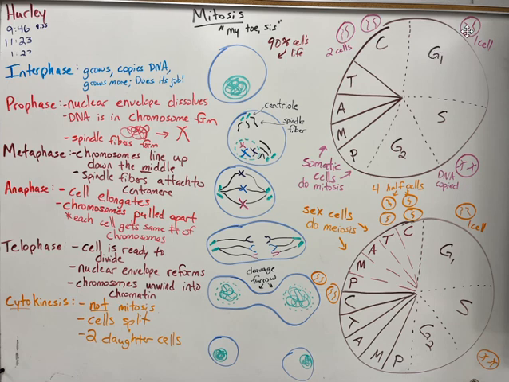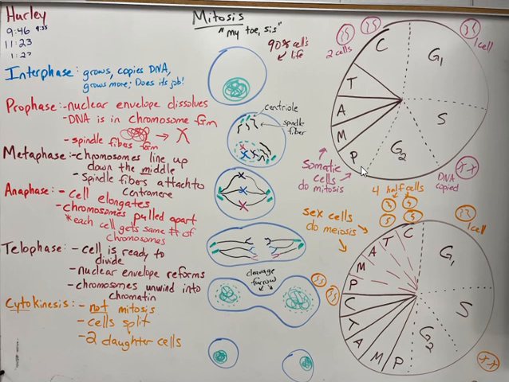We've drawn this already. You start off with one cell. You see these chromosomes. It goes into S phase, and so it's going to copy. DNA is copied. G phase is going to continue to grow. And then we get into PMAT, which is mitosis in this case. And then we get into cytokinesis.